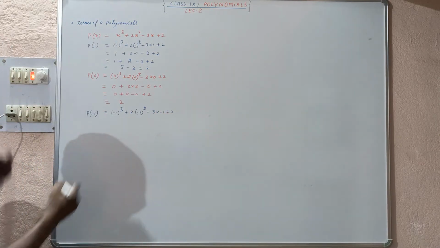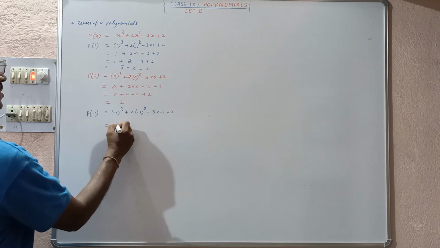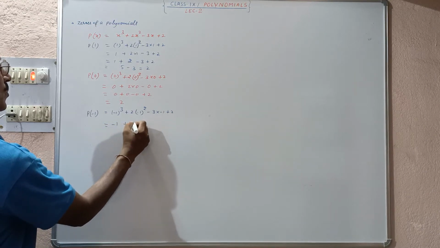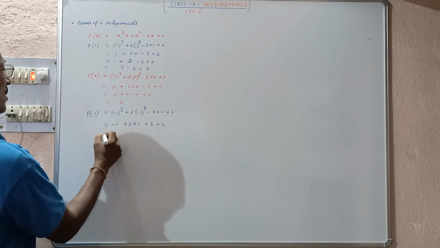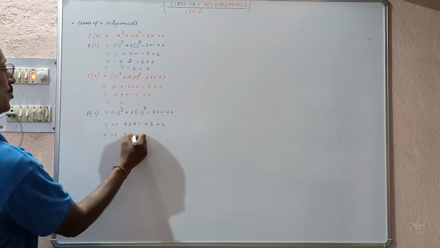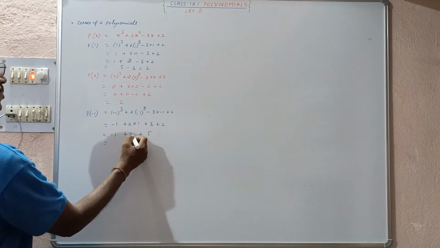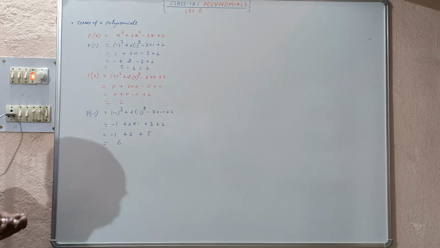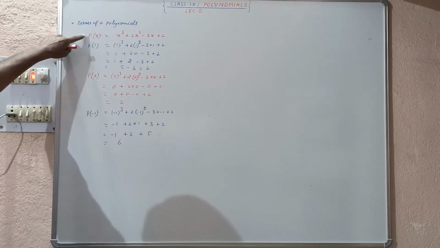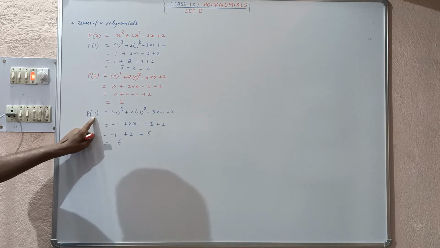So its value will be cube of minus 1, that is minus 1, plus 2 into 1 plus 3 plus 2. That is minus 1 plus 2 plus 5, that is 5 plus 2, 7 minus 1, that is 6. So here we say that the value of p(x) is 6 at x equal to minus 1.